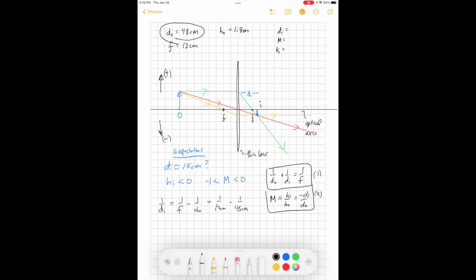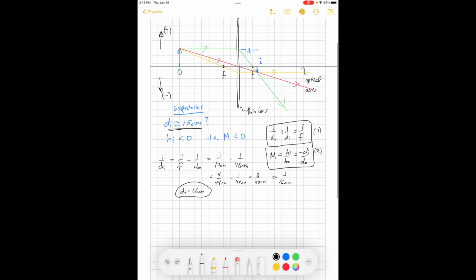I could find a common denominator, which would make this 4 over 48 inverse centimeters minus 1 over 48 inverse centimeters. That's 3 over 48, which is the same as 1 over 16. So that tells me that DI is 16 centimeters. And actually that's pretty close to our expectation.